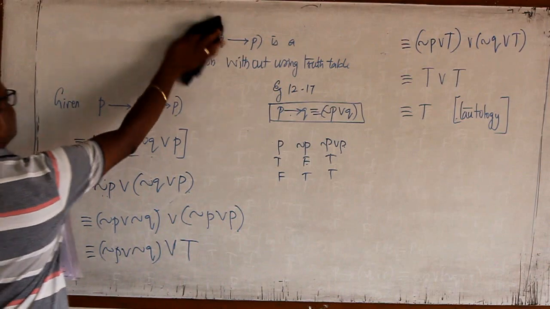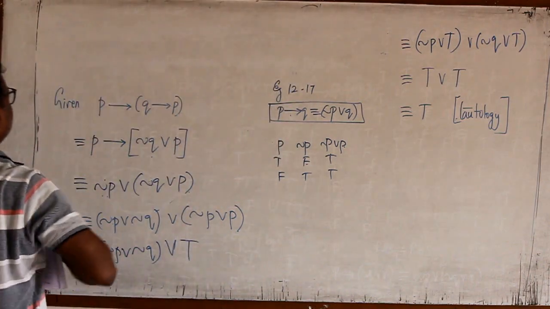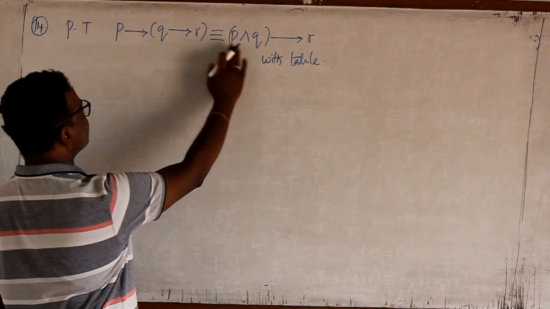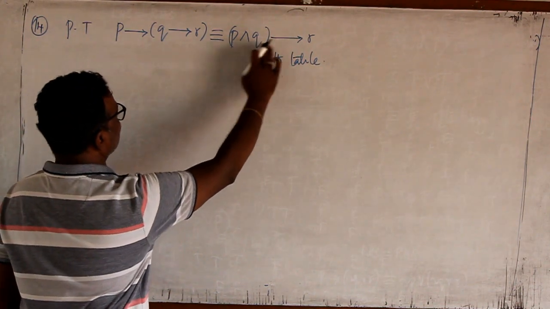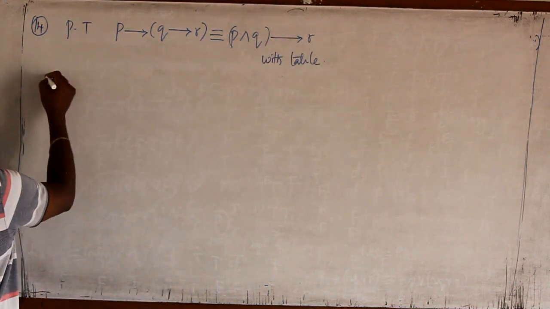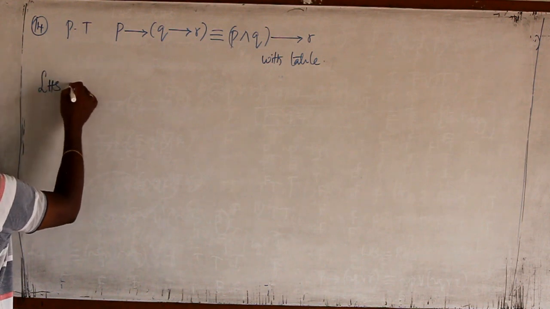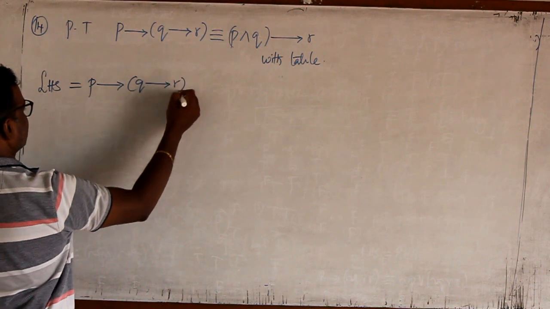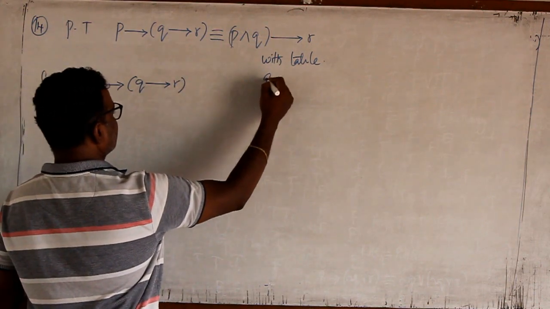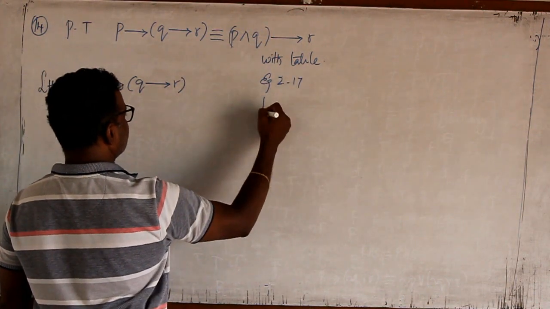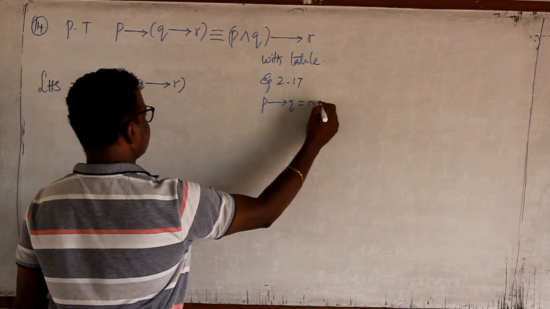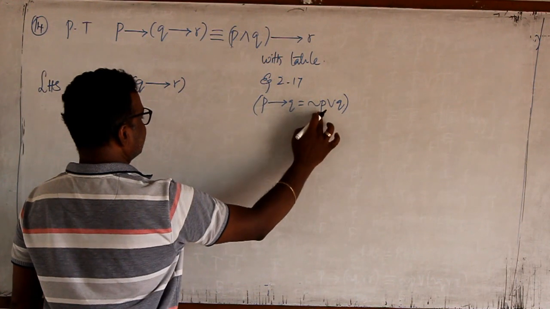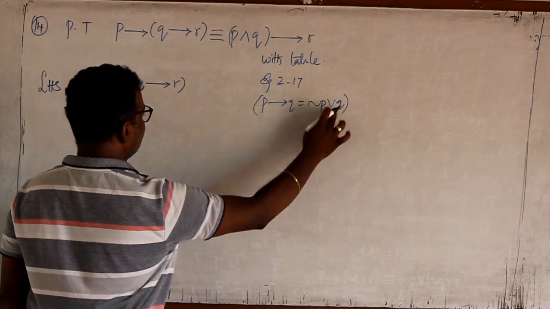Now we shall go for the 14th problem. Prove that P then Q then R is equivalent to P and Q then R. Now let me take the left hand side, P then Q then R. We know Example 12.17: P then Q means negation of P or Q. The first set will have negation, and this then will become OR.